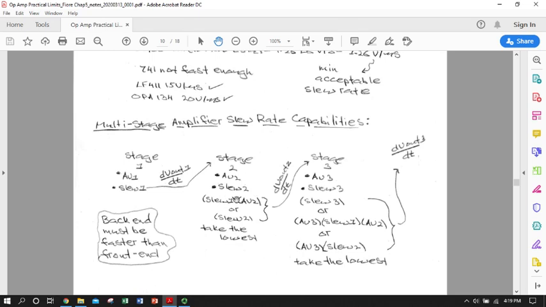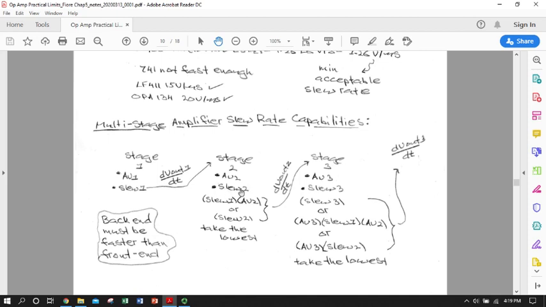It may or may not make it. You may get some distortion. So what stage 2 is going to give you is the output of stage 1 times stage 2 gain, or its max slew rate, whichever's lower.